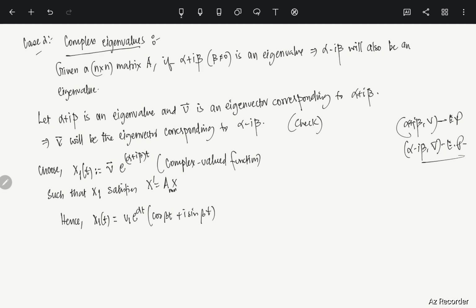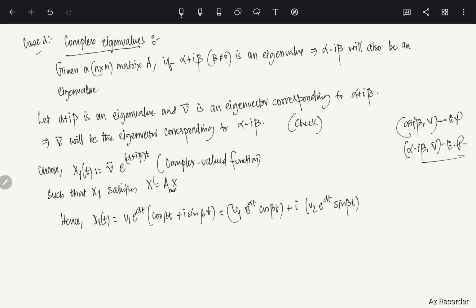Okay, this is true. So you see it becomes essentially v1 times e power alpha t cosine beta t plus I v2 e to the power alpha t sine beta t. We can write it like this. So basically we can just break up the real and the imaginary part.